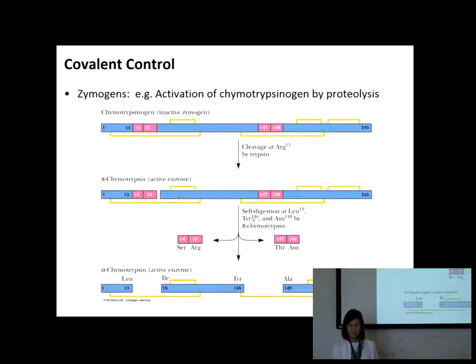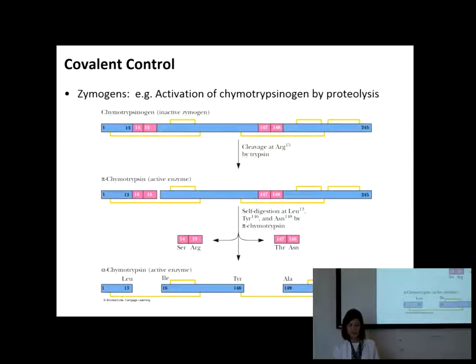Then what we do is it chews its toes off. I mean, basically, that's really what it's doing. It's self-digesting. So it's biting off its big toe, into both of its big toes, all right? And right here, the 14 and 15 and 147, 148, they're chewing those off, getting rid of those. And this is our active enzyme.